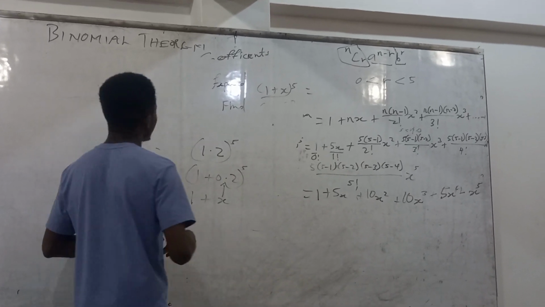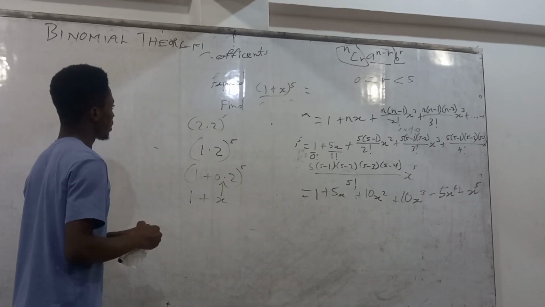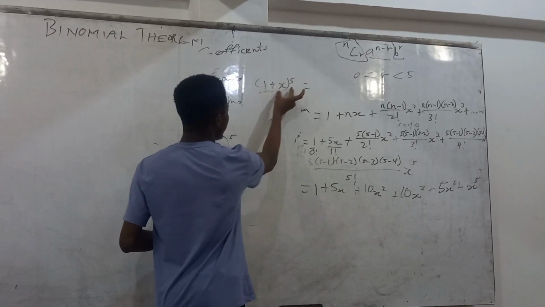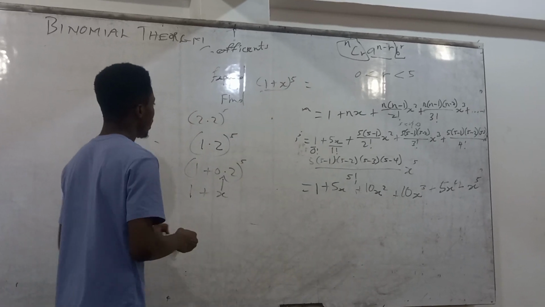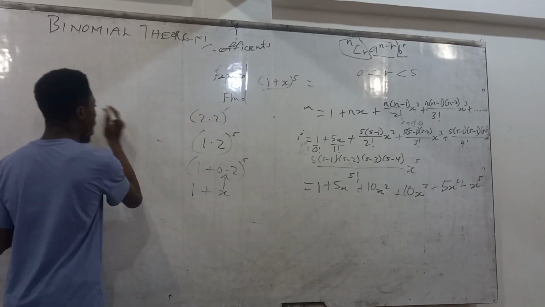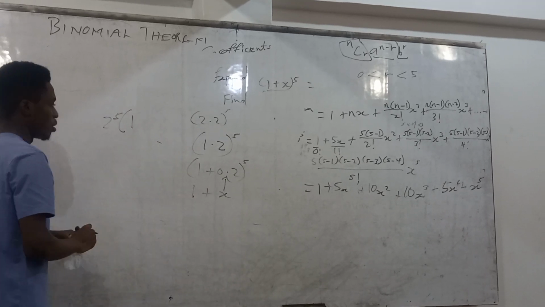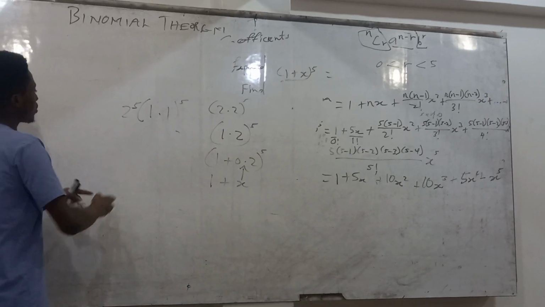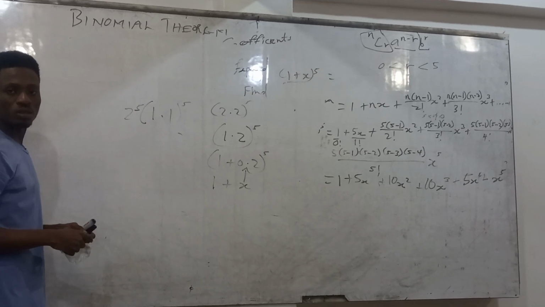But in situations whereby they give you 2.2 from the onset, since you use this method, you use 1 plus x to the power 5 to solve the question. You should factorize 2 out so that you'll be left with 1.1 to the power 5. So when you factorize the 2 out, since it is to the power 5, this 5 comes out.